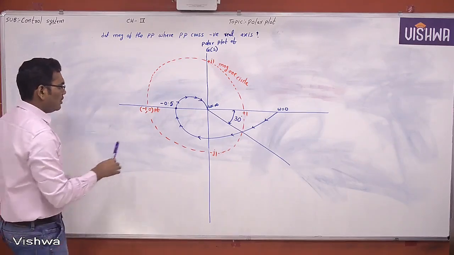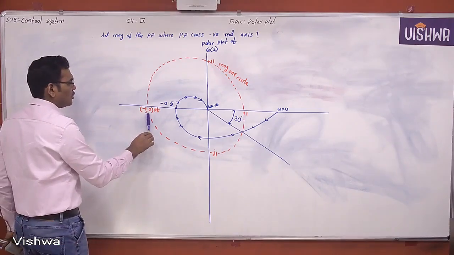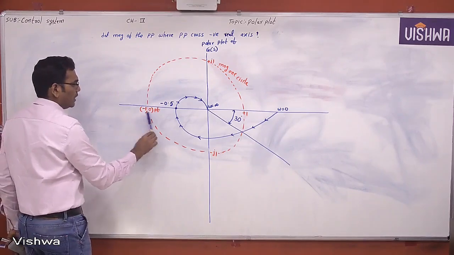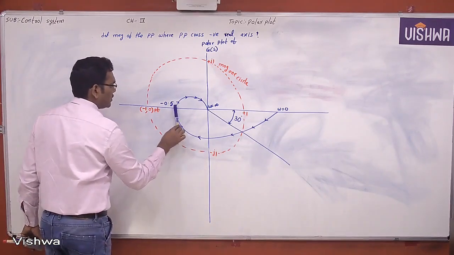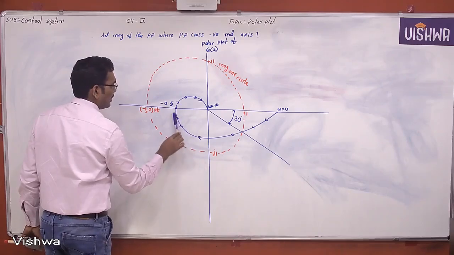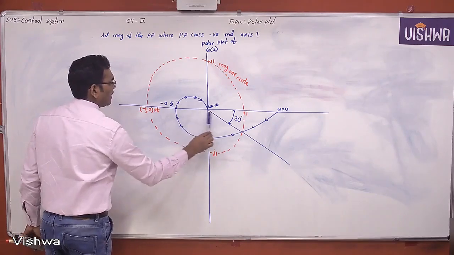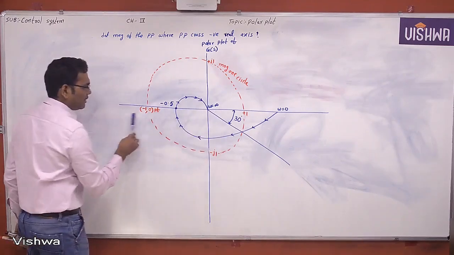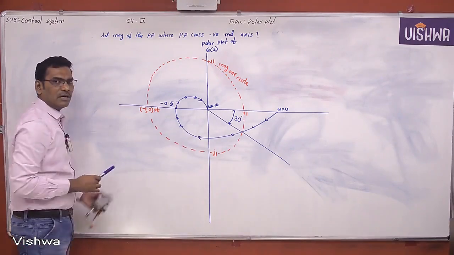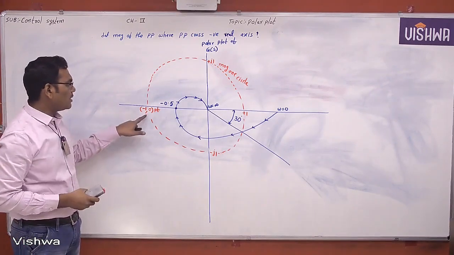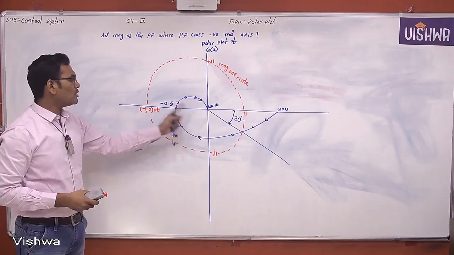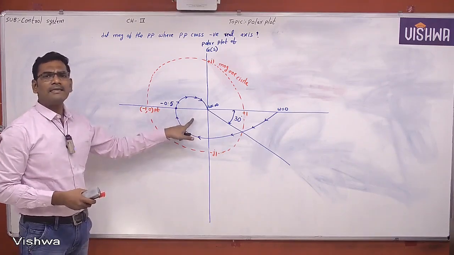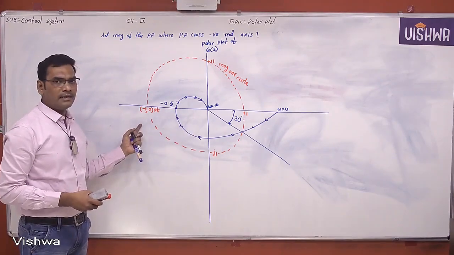First you follow. This is the -1 comma 0 point, and this is the polar plot direction, which is very important. This is the right hand side region and this is the left hand side region. Now is your -1 comma 0 point enclosed or not enclosed? Right hand side enclosed, left hand side not enclosed.